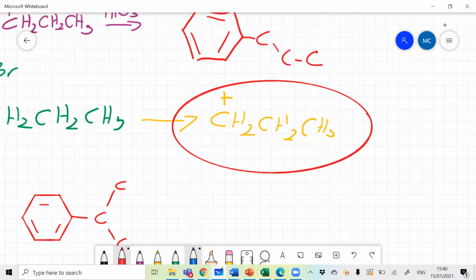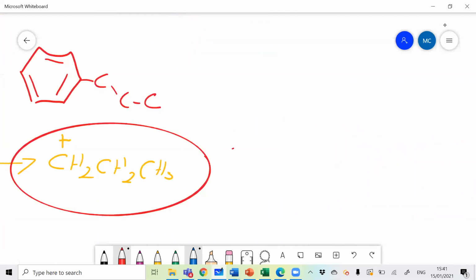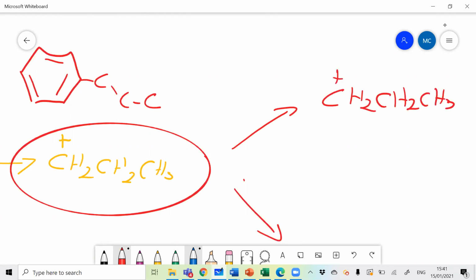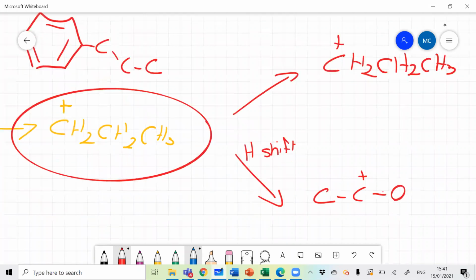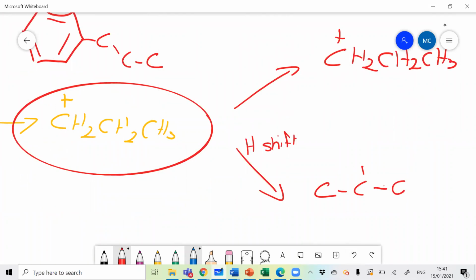Why? Because the options that this molecule has is to either stay as it is as a primary carbocation, or else have a hydride shift and form a secondary carbocation, and secondary carbocations are more stable.